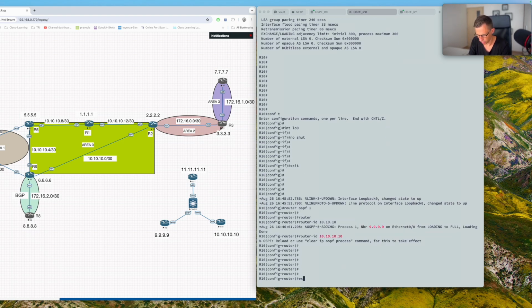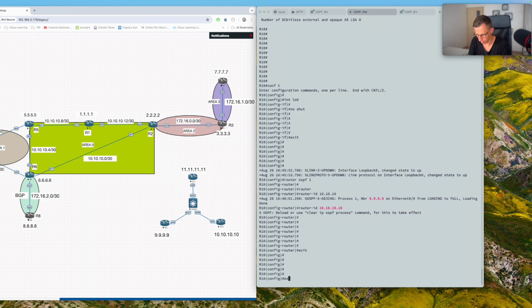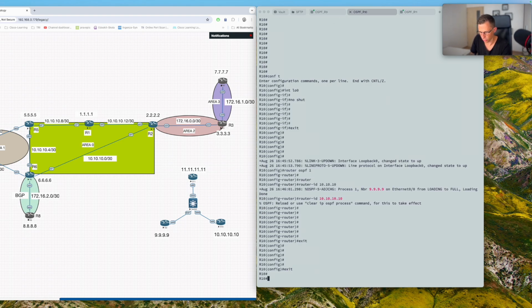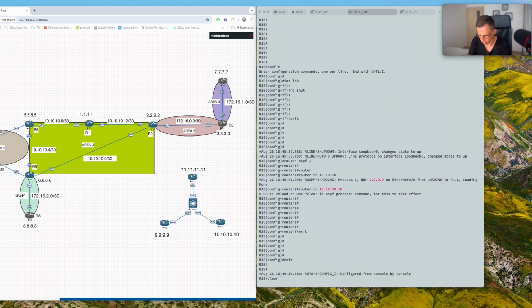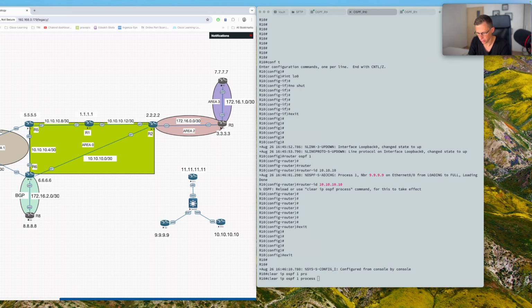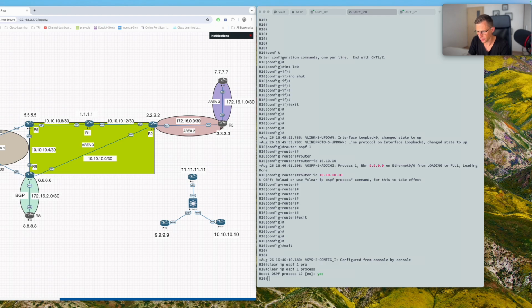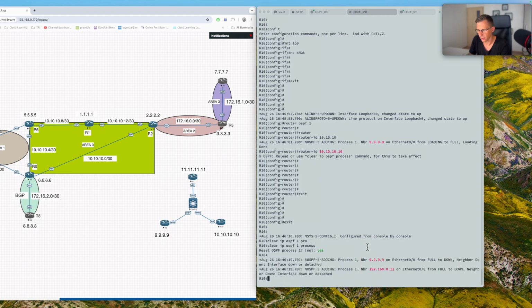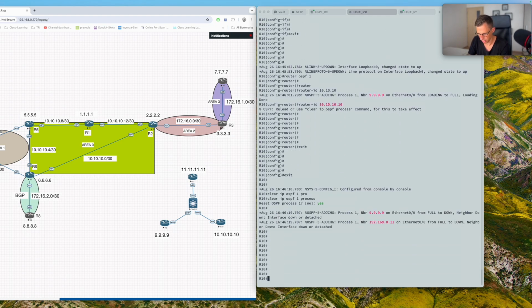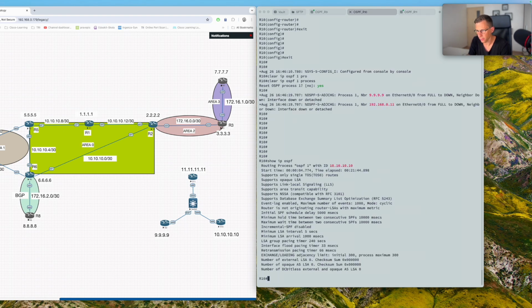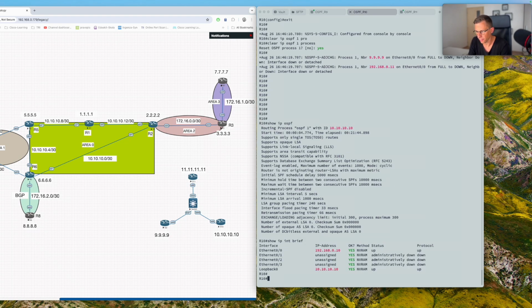And now I will exit the configuration mode and I do clear ip ospf 1 process. Yes. Now it will reset. I do show ip ospf. It's 10.10.10.10. Show ip interface brief and loopback 0 is up.